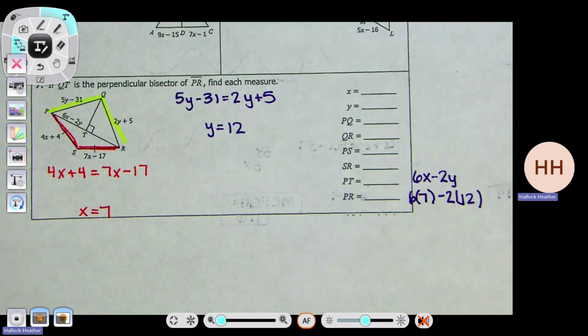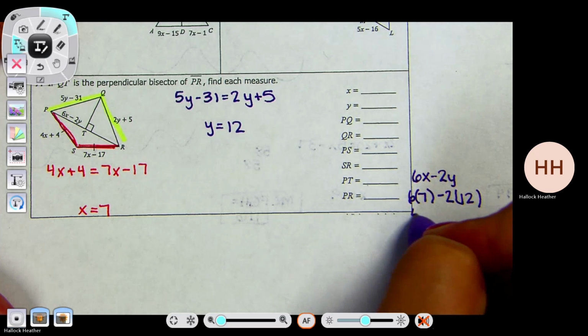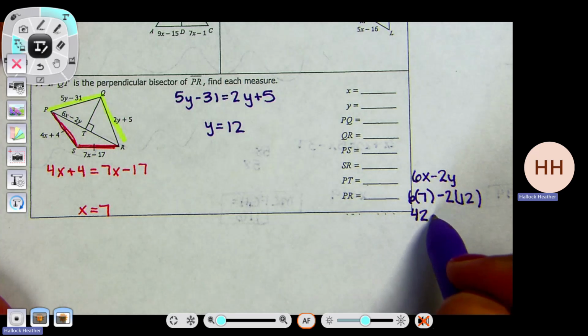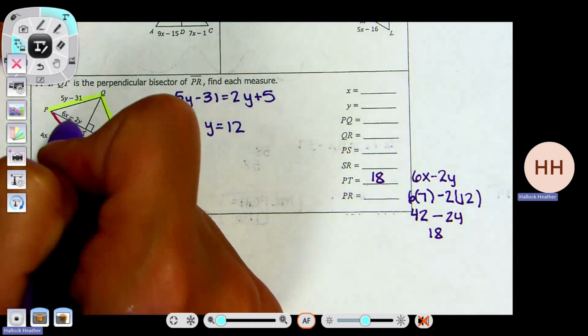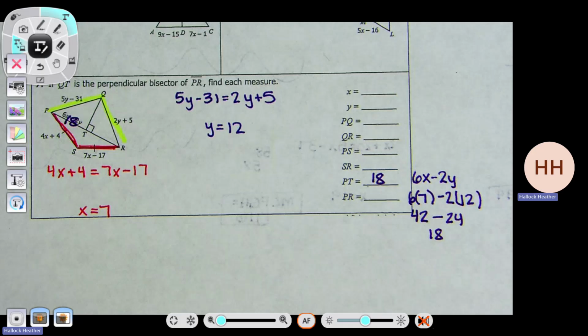Are you pressing equals between this? That's probably why. 6 times 7 is 42. And then you're minusing 24, which is 18. So PT is 18. So everything else on the front you can skip.